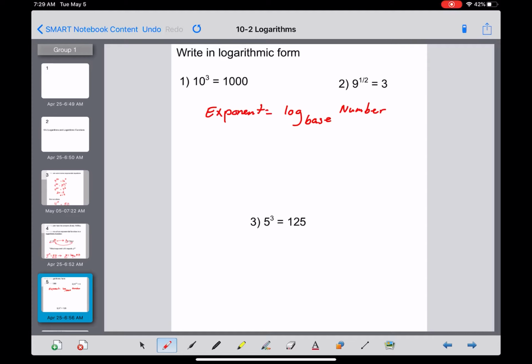So if we can follow this pattern on all these, it'll be pretty easy. So the exponent, 3, equals the log with the base, what's the base here? It's 10, of the number. So 3 equals log base 10 of 1,000.